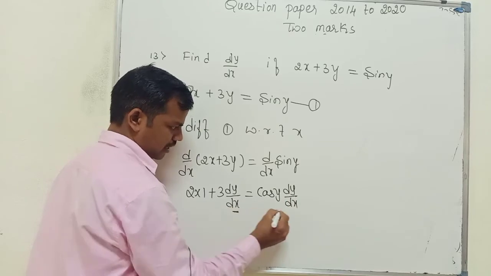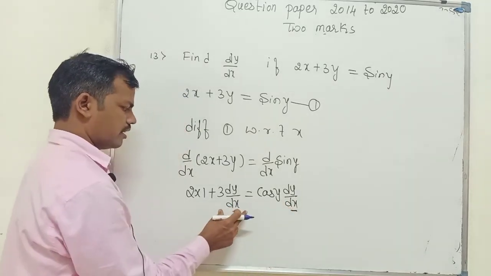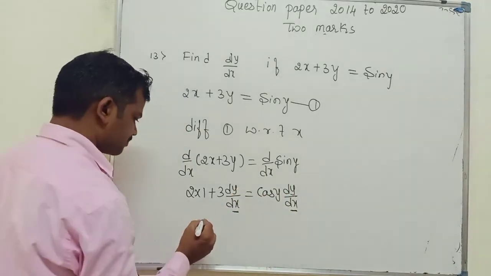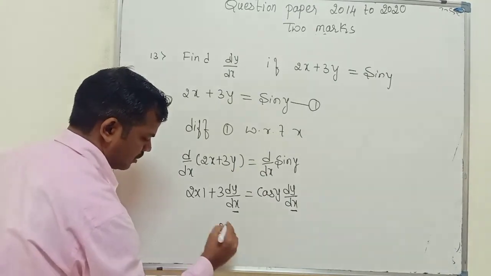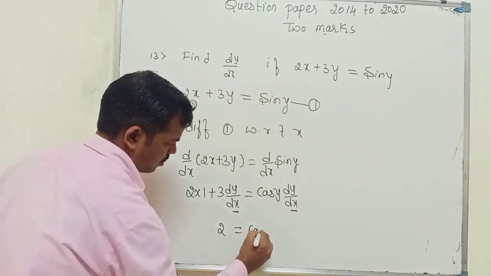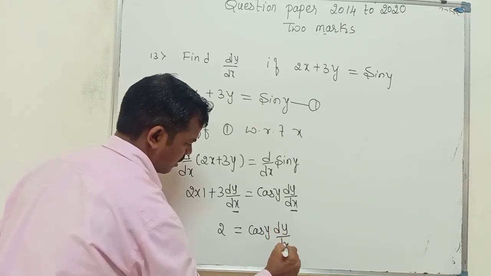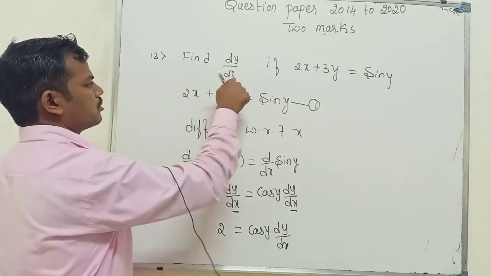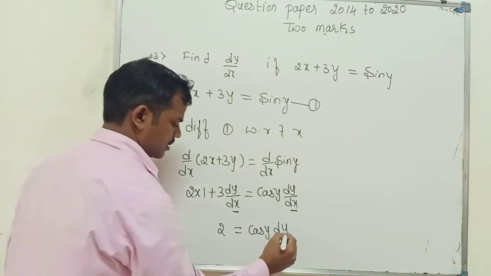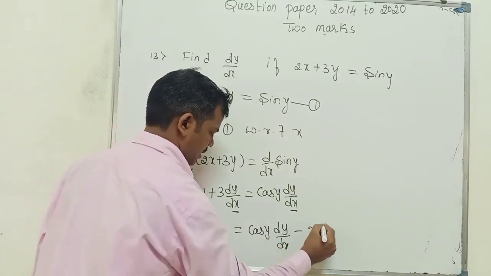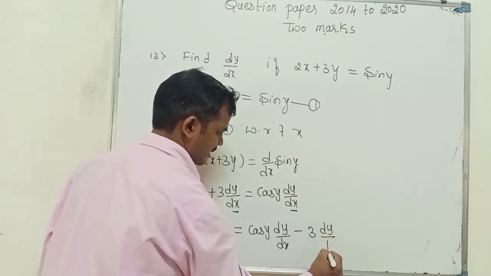We move the dy by dx terms to one side, because we want dy by dx. So 2 is equal to cos y dy by dx minus 3 dy by dx.